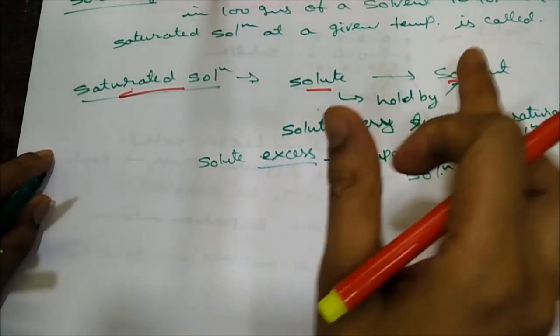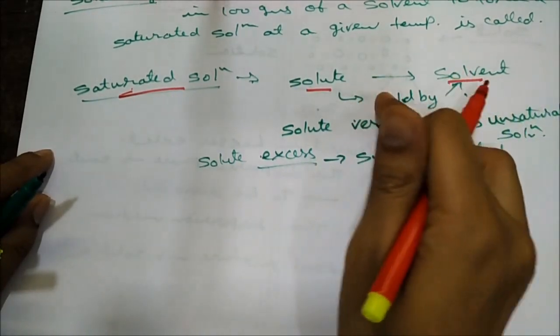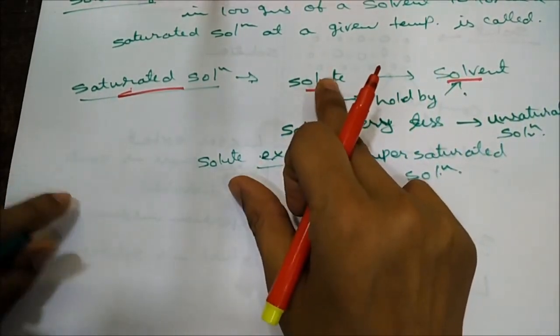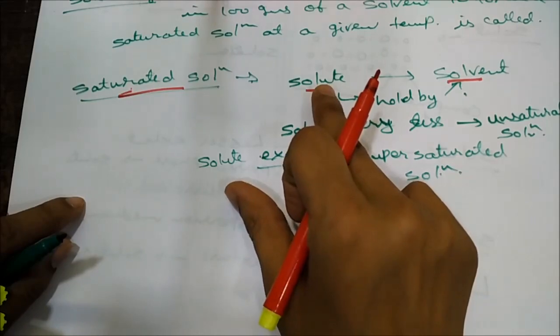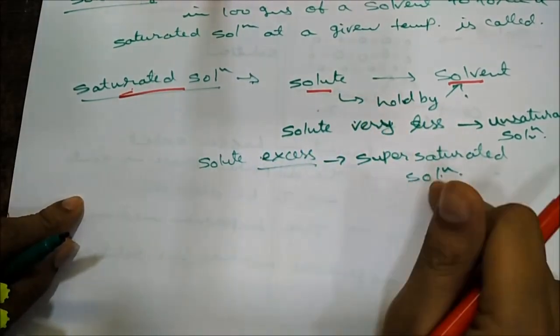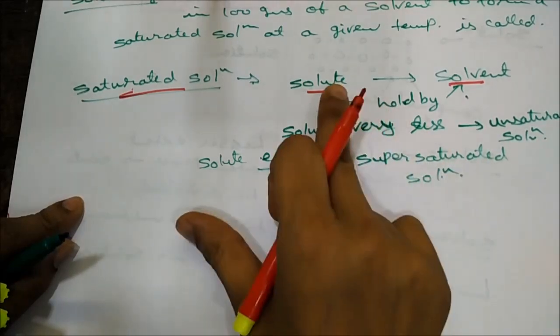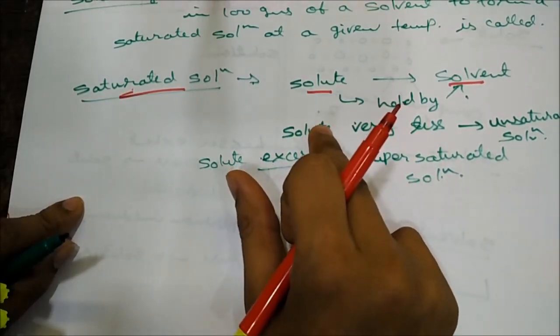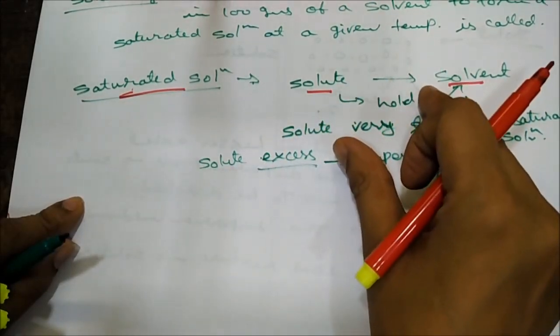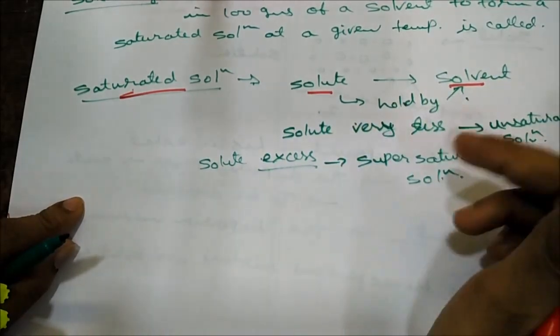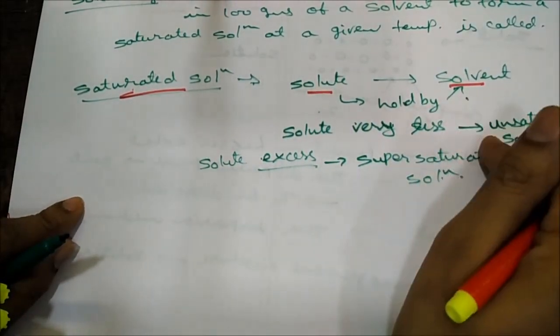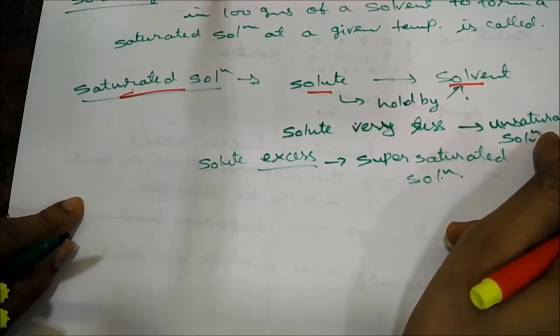And beyond this amount, if the solute amount is in excess, then this type of solution will be called supersaturated. And if this amount is very less as compared to what can be held by this solvent, then this type of solution will be called unsaturated solution.